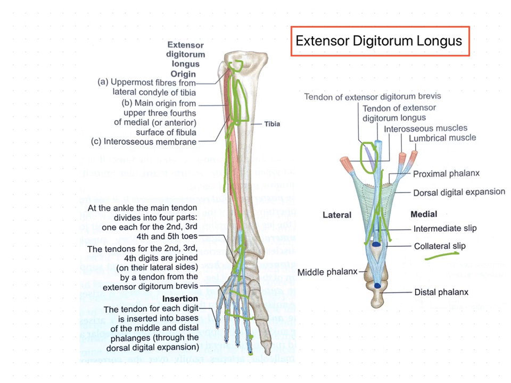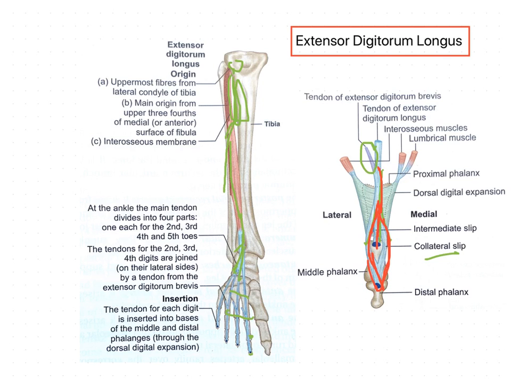The 2 collateral slips fuse and get inserted on the base of the distal phalanx, whereas the intermediate slip inserts on the base of the middle phalanx. At the level of the proximal phalanx only, this divides into 3 slips.